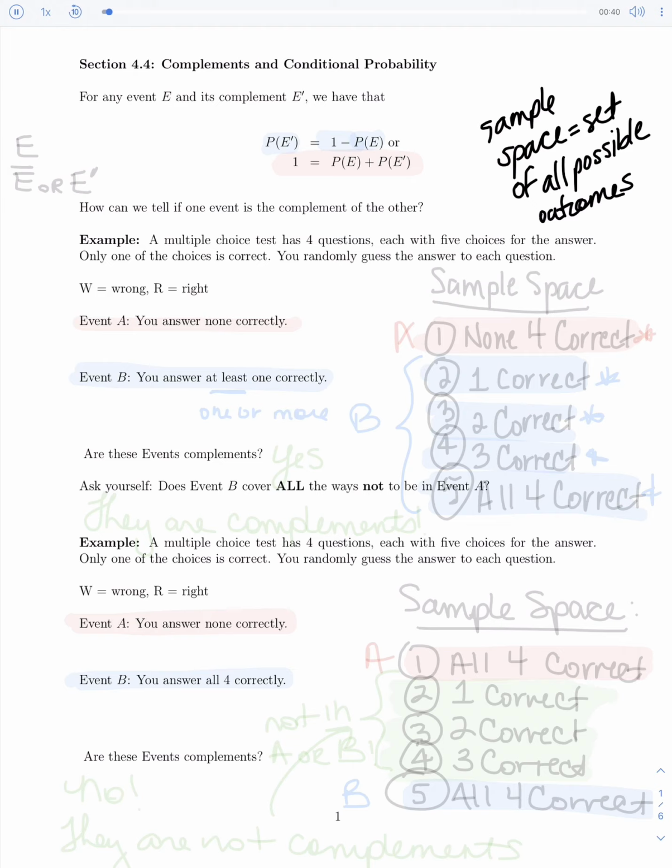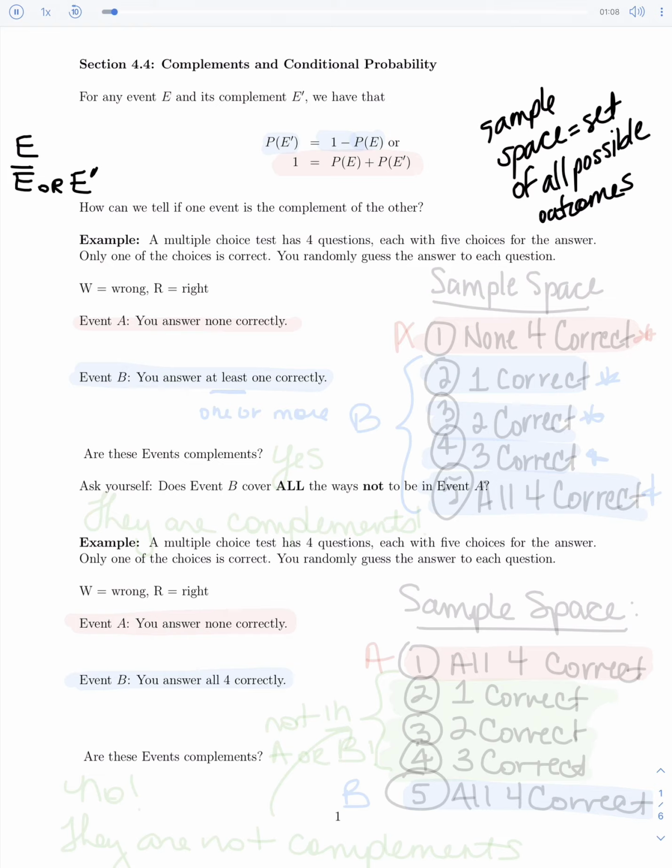Okay, what do we know about complements? Well, we know that complements are opposites. And so if we have an event E, its complement will be something like this, either E with a little bar on top, or you might see E with a little complement slash next to it.